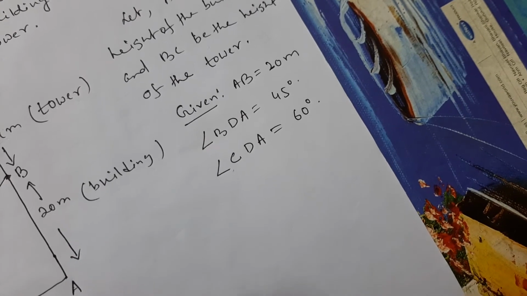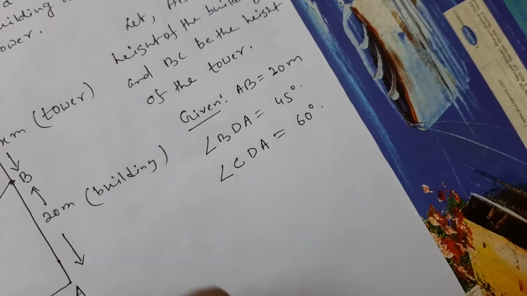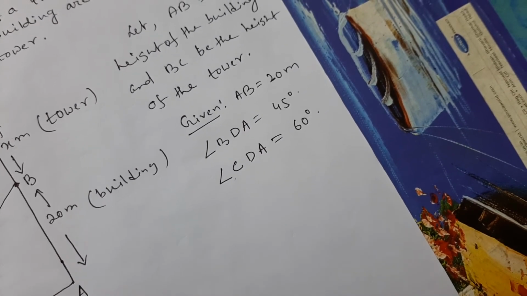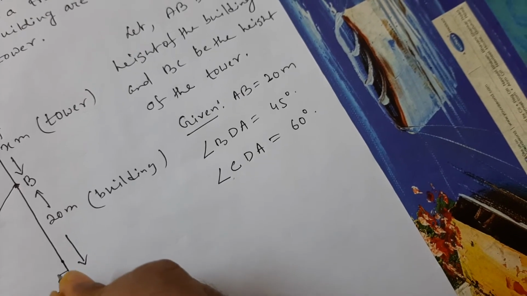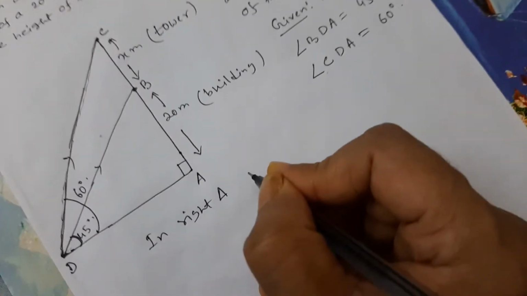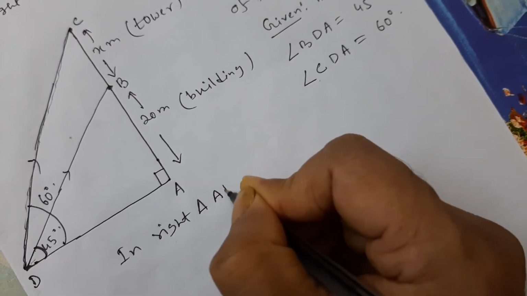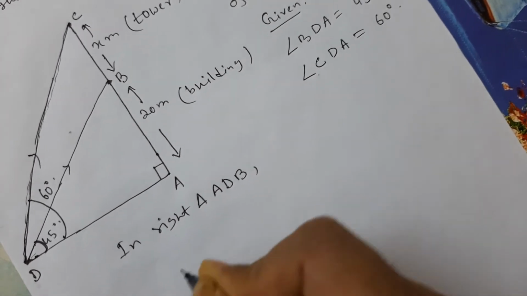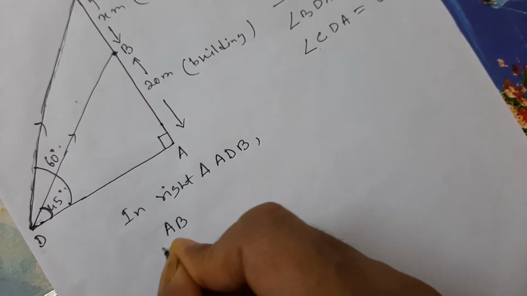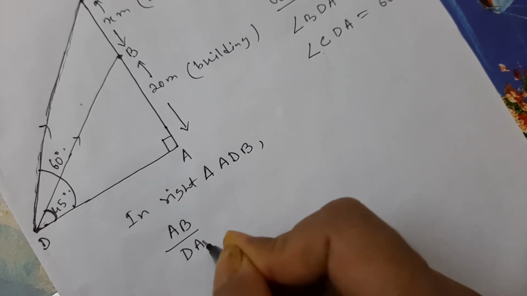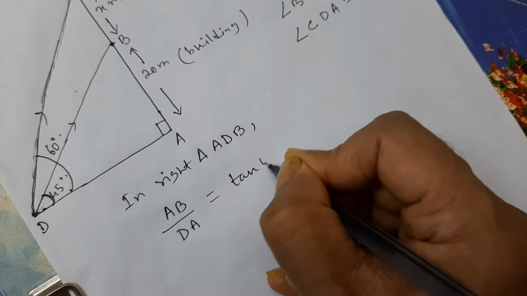So first you take triangle ADB. In right triangle ADB, this is 90 degrees at point A. AB by DA, perpendicular by base, equal to tan 45.